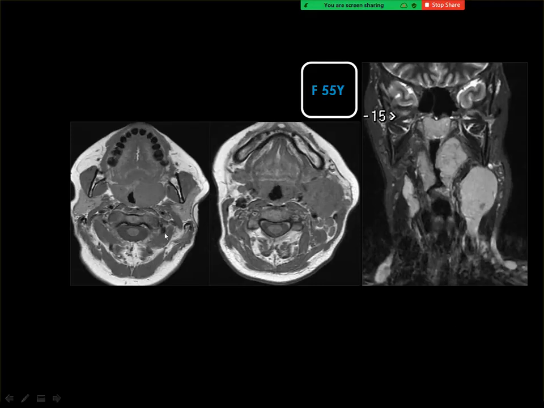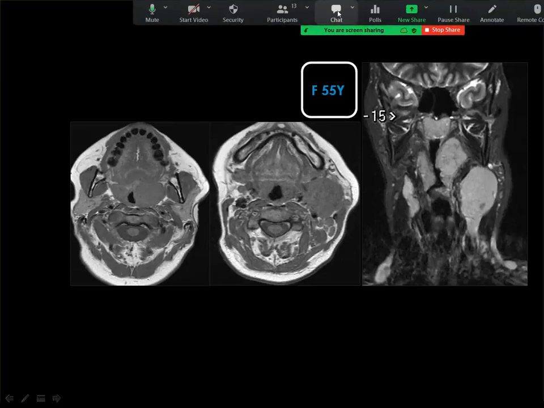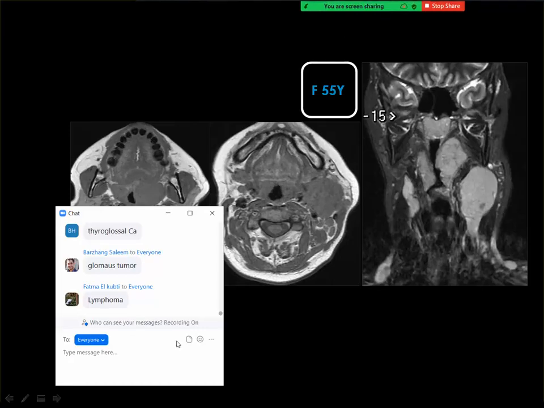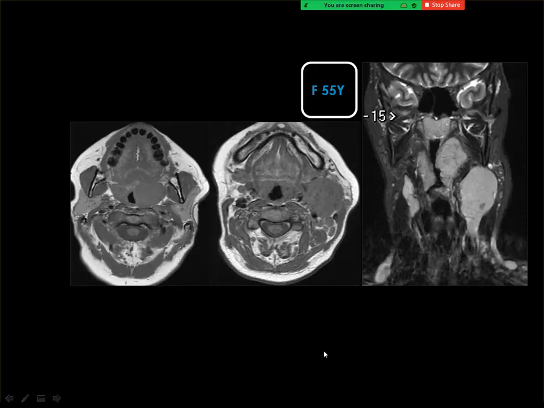And this is MRI T1 and coronal T2 weighted images of the neck of a female 55 years old. Yes, very good. The answer of lymphoma is good, but this is, of course, not a glomus tumor. There are no post contrast images here.